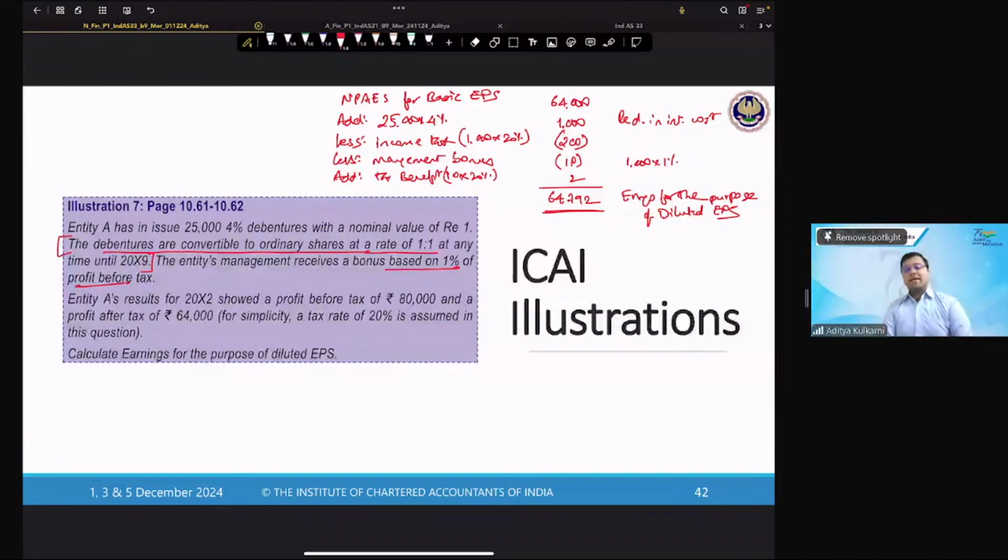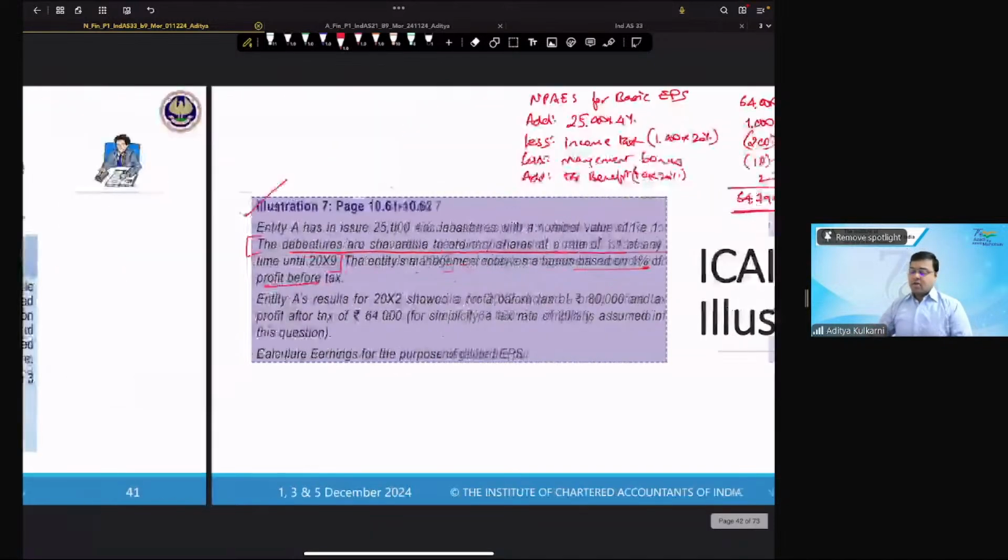You need the market rate of interest and the coupon rate, then the discounting will be done, then you split between equity and liabilities, and then you calculate the finance cost. Obviously, data for so much detail is not given, so we have not computed it. But more importantly, we have shown how the impact will happen. So that takes care of illustration 7.